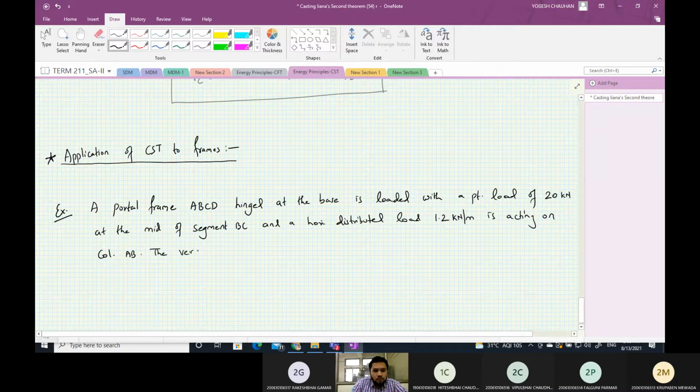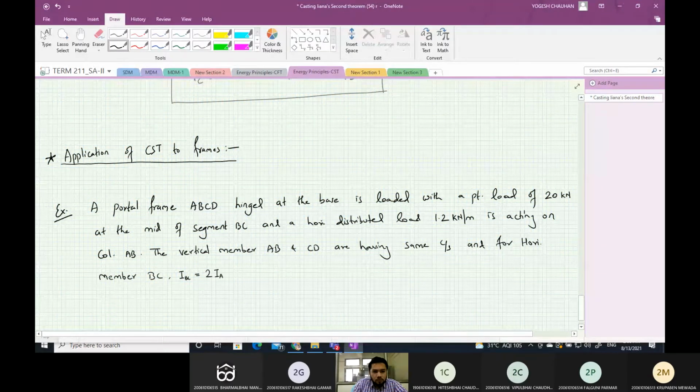The vertical members AB and CD are having the same cross section, and for horizontal member BC, I BC is equal to 2 times I AB.